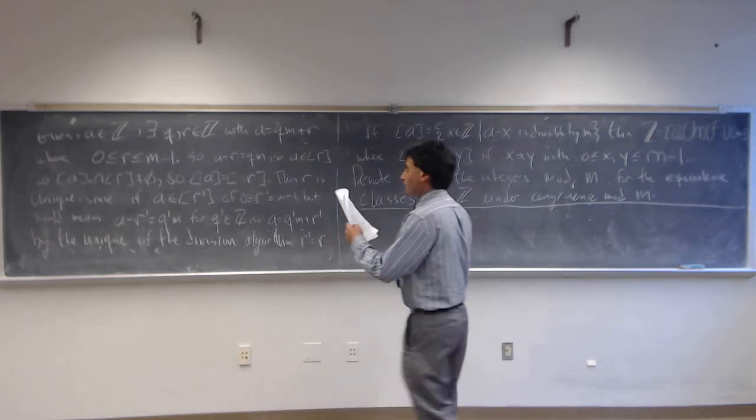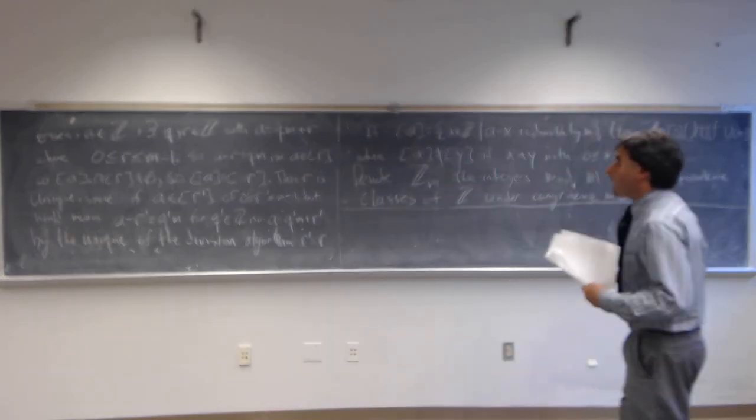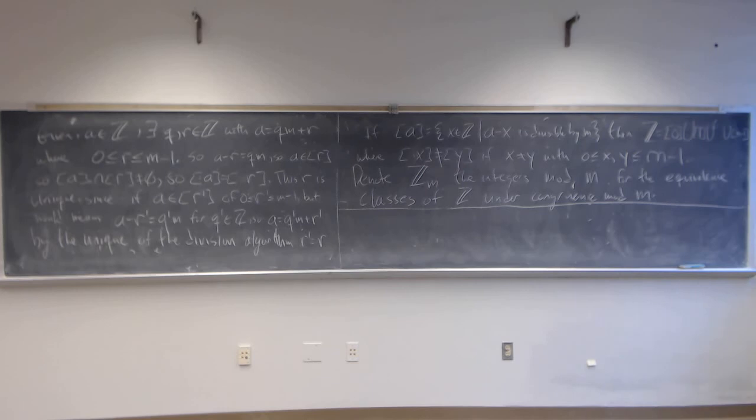So we also have a definition. We can generalize this idea for any equivalence relation, that they partition. So this would be a way to partition Z, in this case, into m different subsets, any two of which have nothing in common.